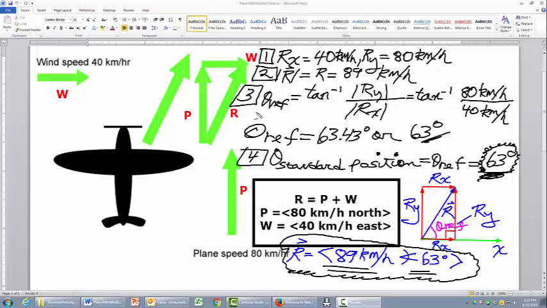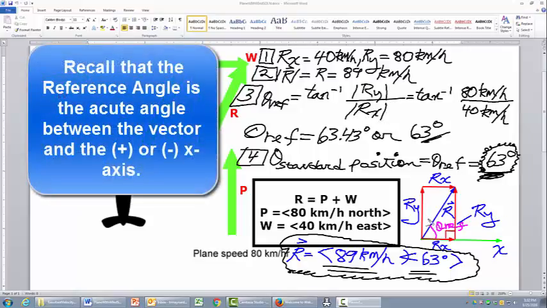Step 3, find the reference angle theta ref, which is the angle whose tangent is, or tangent inverse, the magnitude of the y component of the resultant vector divided by the magnitude of the x component of the resultant vector. Looking at the picture, we see that the reference angle, recalling that the reference angle is the angle between the vector and the x-axis, not the y-axis, not this angle here.